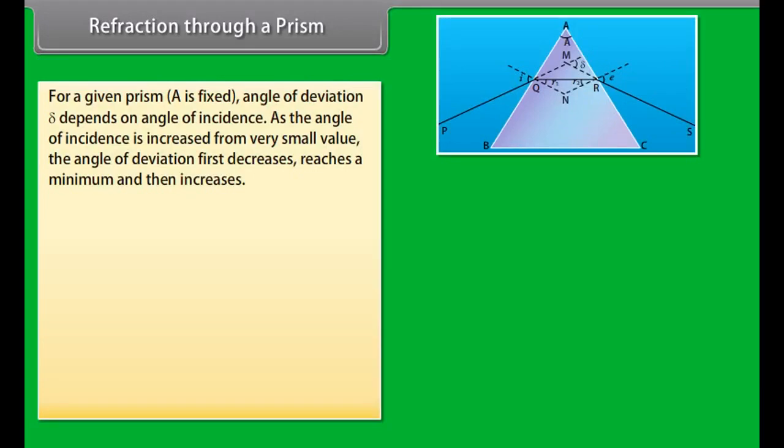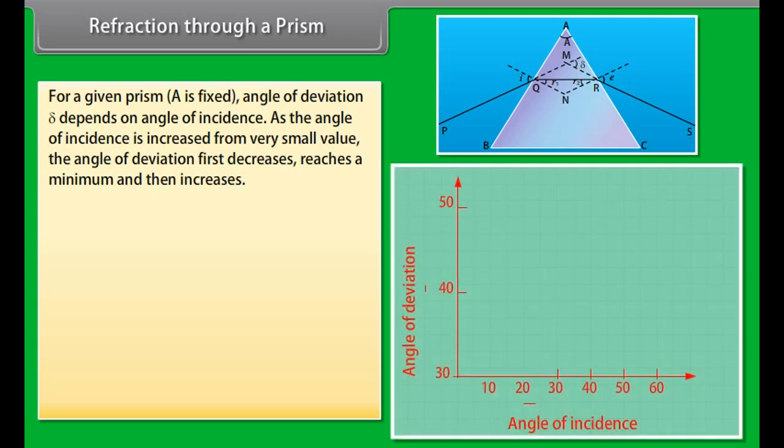For a given prism, A is fixed, and the angle of deviation delta depends on the angle of incidence. As the angle of incidence is increased from a very small value, the angle of deviation first decreases, reaches a minimum, and then increases.